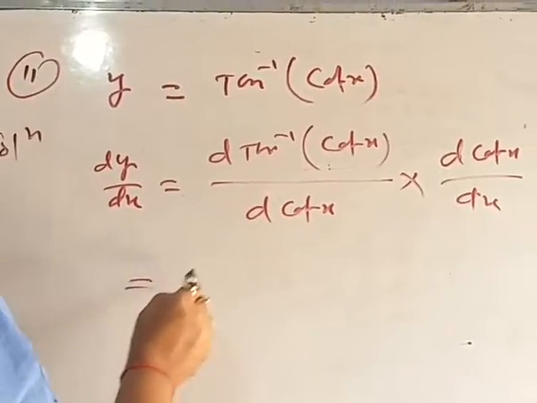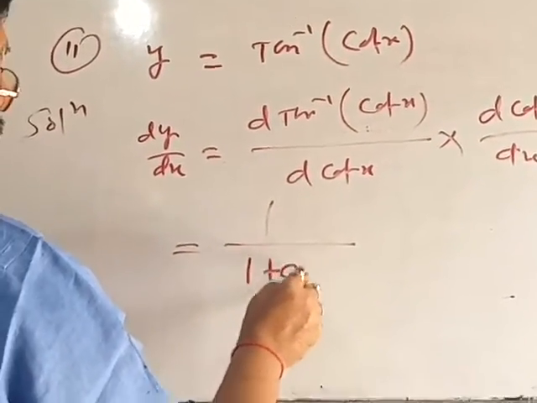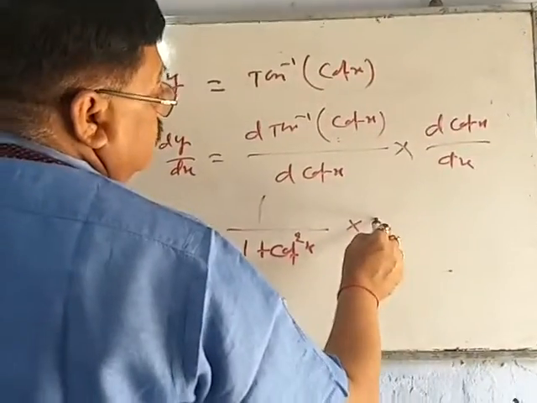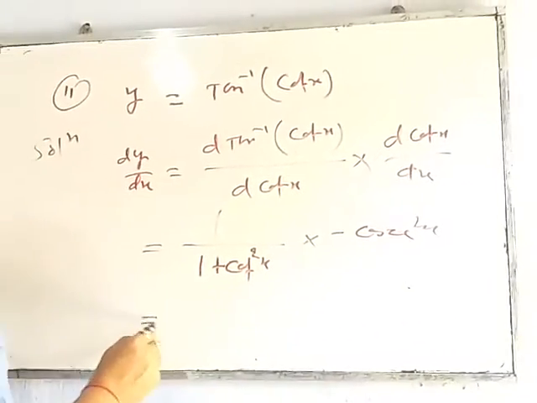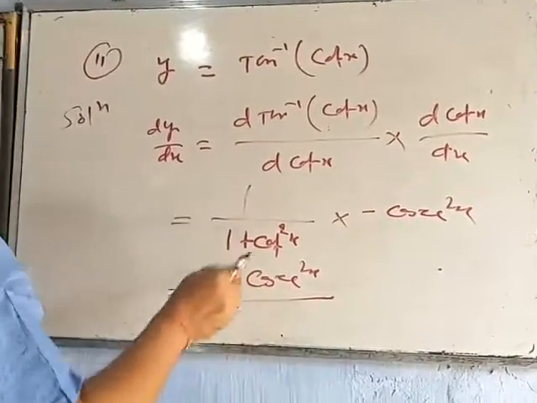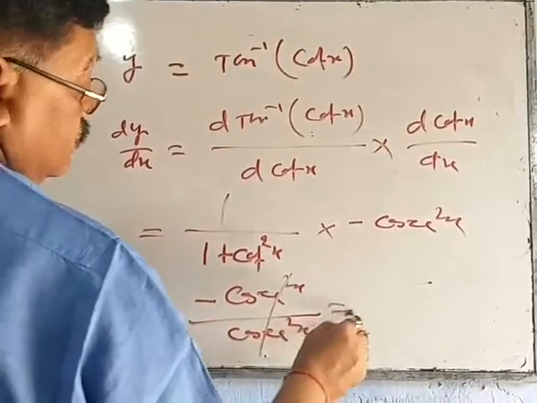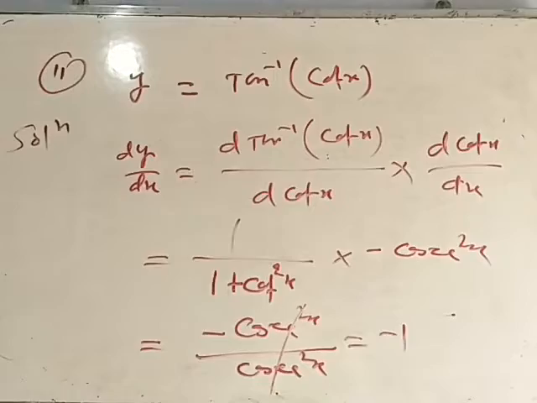So this will be 1 plus cot square x, and the derivative of cot x is minus cosec square x. So minus cosec square x by 1 plus cot square x. 1 plus cot square x is cosec square x, so minus 1.